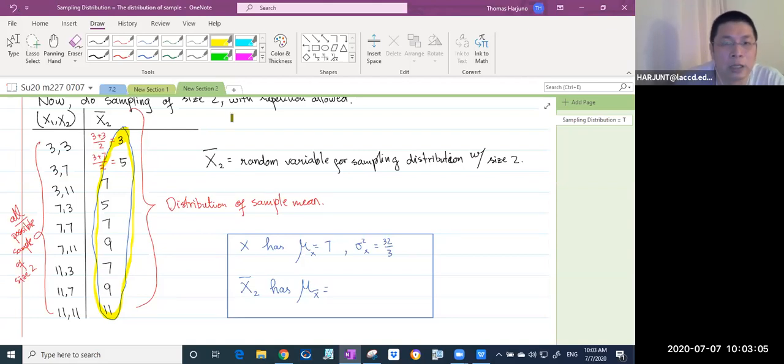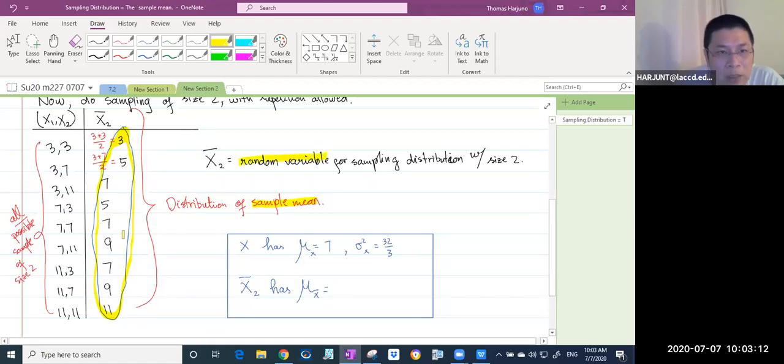Okay. Sample mean is a random variable. Why random variable? Because it has more than one possible outcome. Because it is a random variable, we must be able to compute the mean, right? What do you call that? The mean of sample mean. Now, what is the mean of sample mean? Let's compute the sum first.